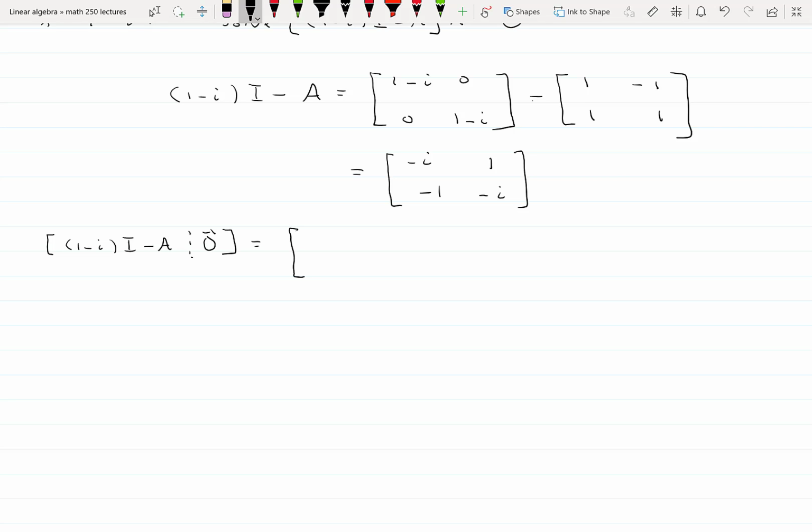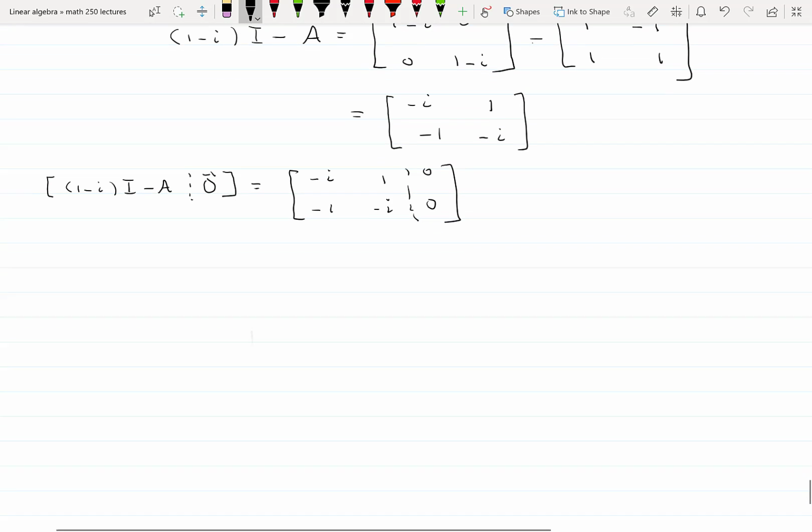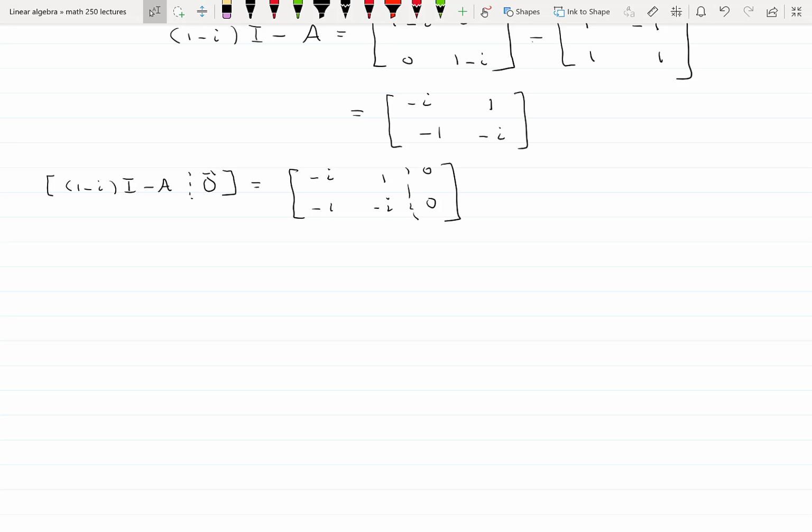That gives us negative i, 1, negative 1, negative i, and we tack on the zeros for the constants. Then it brings us to kind of a grinding halt at first. We need to do this work by hand.